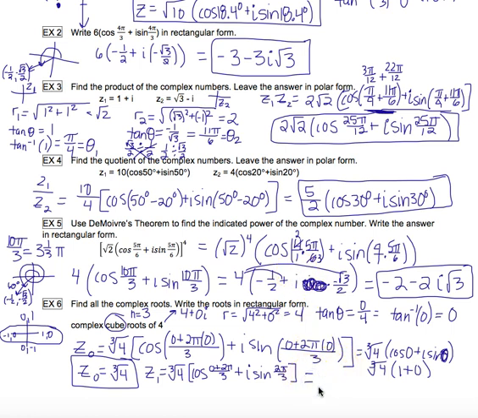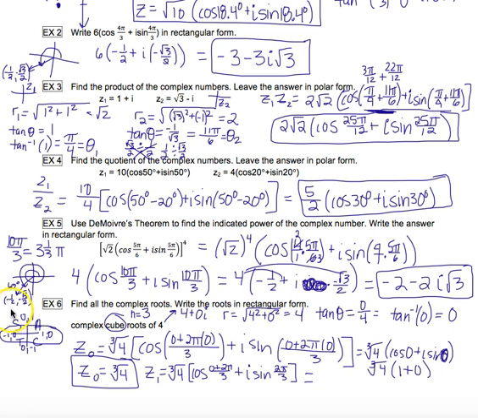So 2 pi over 3 is in quadrant 2 with a 60-degree reference angle. And in quadrant 2, if I'm looking at my ASTC over here, the sine is positive and cosine is negative. So at 60 degrees, I know it's going to be the same as what I had written up here, except sine is positive and cosine is negative.